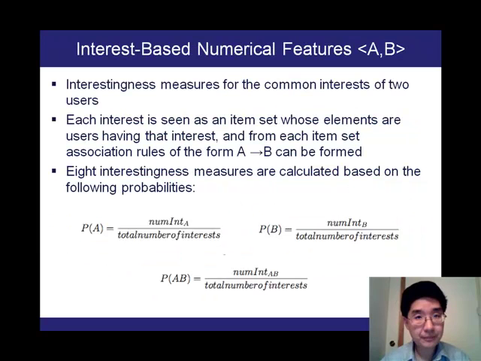The other type of group of features are interest-based numerical features, which are based on the interestingness measures for association rule mining. So in association rule mining, we can think of each interest as an item set, where the item set's elements are the interest holders.